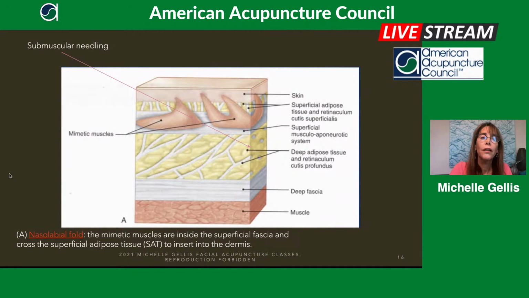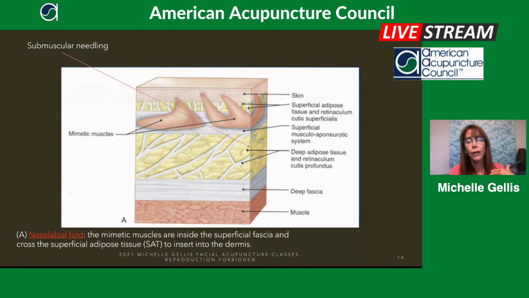And the next technique that we can use, which is very beneficial for treating facial fascia, is submuscular needling. And this is a technique where you would work on different areas of the face.